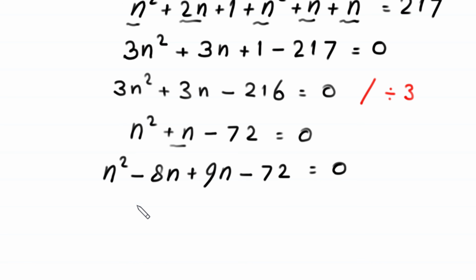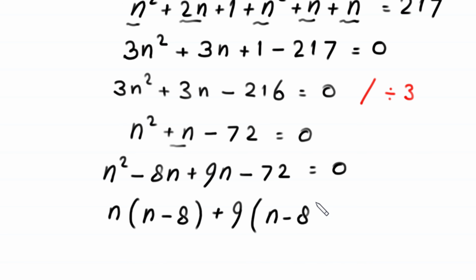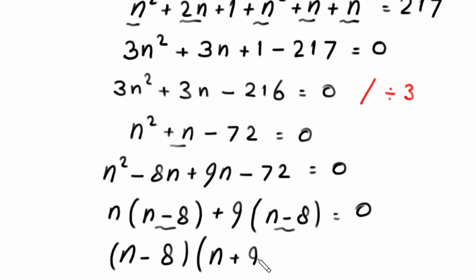From these two terms we can factor out n, in bracket left n minus 8, and from these two terms we can factor out plus 9, in bracket left n minus 8 equal to 0. This n minus 8 is a common factor, so we factor out this n minus 8, and in bracket left n plus 9 equal to 0.